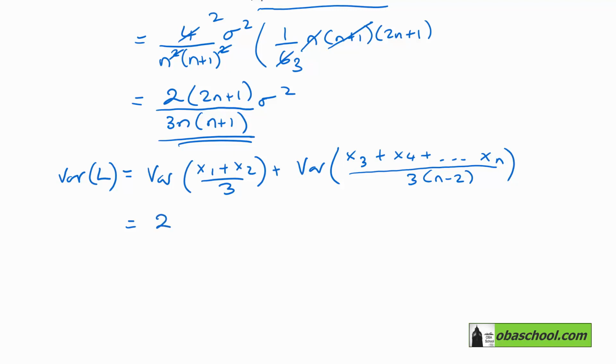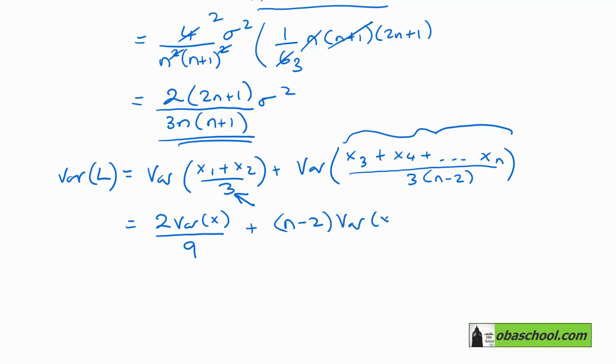That's going to give us 2 var x. But this 3 is actually inside here. Variance is a squared quantity, so that needs to be over 9, 3 squared. And then we need to do the same sort of thing over here, where we're going to get n minus 2 var x's, but we have to square the 3 and the n minus 2.